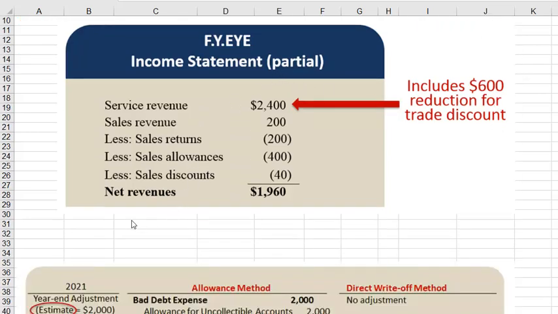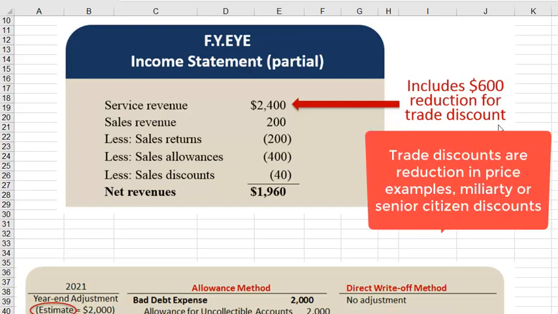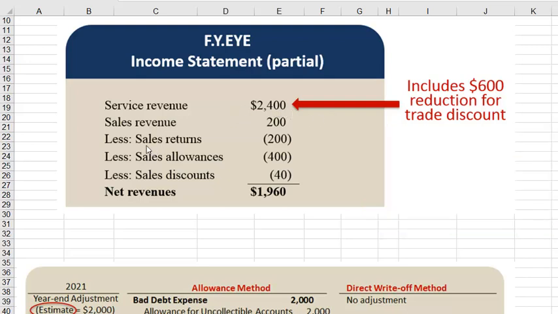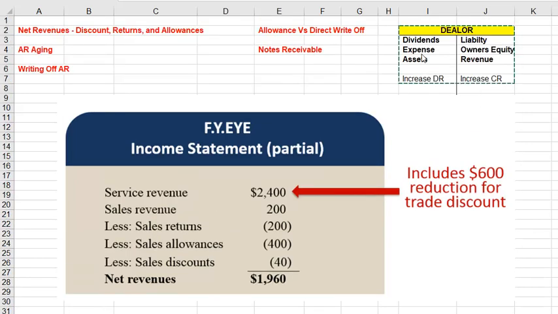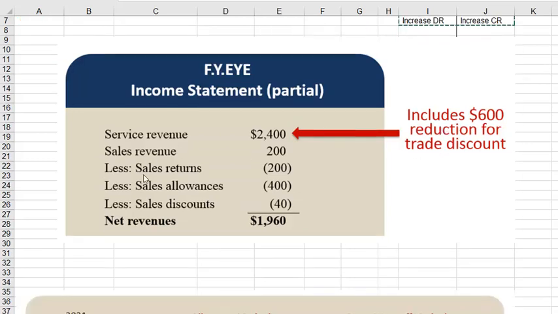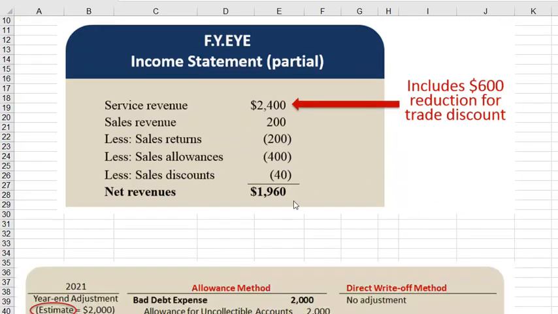This was in our text for an example of what net revenues looks like. So this is our service revenue and any sales revenue. Now note that any reductions for trade discounts are done to this number, and we will have a contra revenue, so it will act in the opposite direction of a revenue, so it will increase with a debit for sales returns, sales allowance, and sales discounts to get our net revenue.